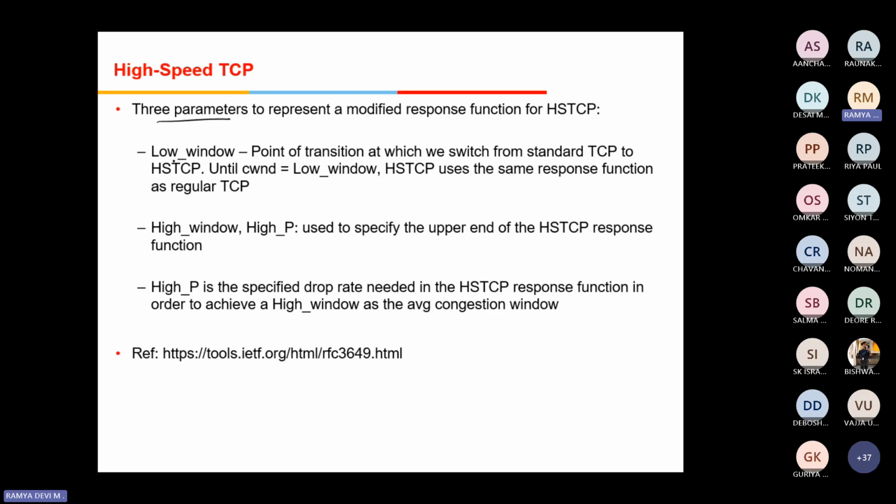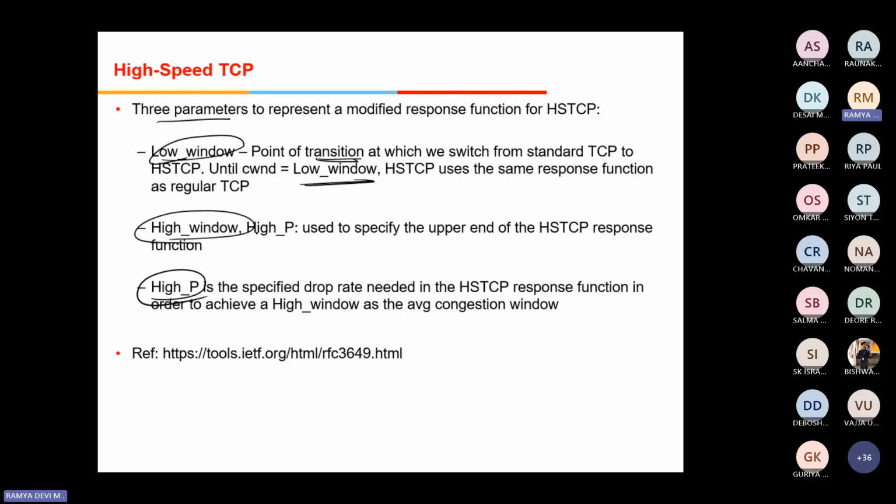The first one is low window, then high window, and high peak. The low window parameter represents the transition point where the switch from standard TCP to high speed TCP happens. Until the window size reaches low window, the standard TCP behavior will be there to ensure fairness and compatibility with traditional flows.